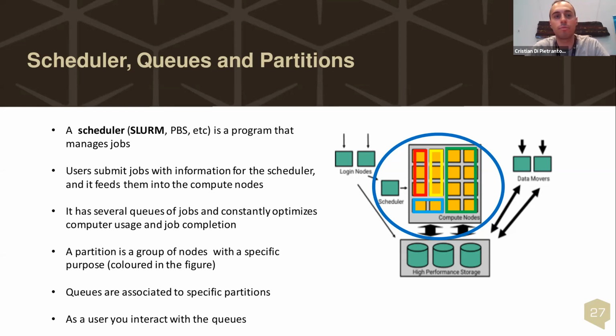So based on the compute node characteristics, we have different partitions. To each partition, we have an associated queue to which users can submit jobs. So if a user has a program that needs a lot of memory, they can submit a job to the high memory queue. Or if a job needs GPUs, then the job can be submitted to the GPU queue.